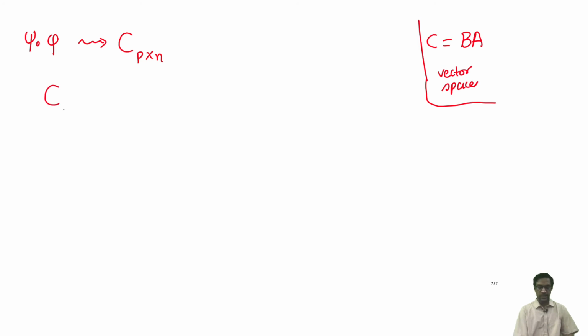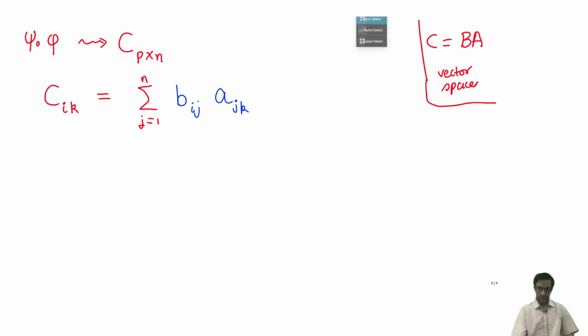So this matrix C that you have, the elements of this matrix are the following: C_ik, the ith entry of the kth column, is the sum over j, and it's almost what you would expect. In the case of vector spaces, you would have expected B times A, so you would have written b_ij times a_jk. This is what you would have wanted to write in the case of vector spaces, but in this case it does not occur like that, it occurs in the other order.